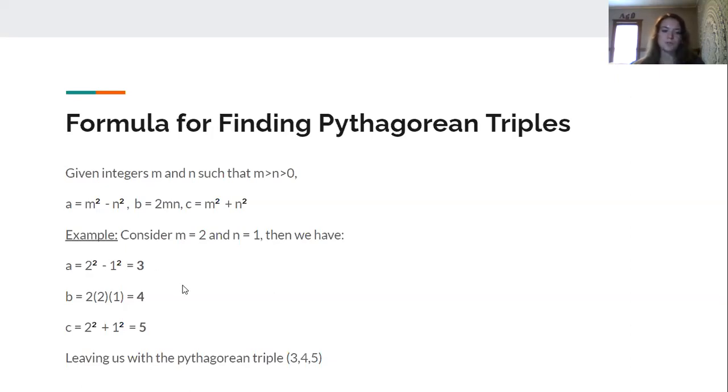So that's going to leave us with the Pythagorean triple 3, 4, 5, which is a very common one that I'm sure you all have seen in trigonometry, and anytime you do geometry, that one typically comes up a lot. And a lot of the other Pythagorean triples you can also get from this method using different values for m and n.